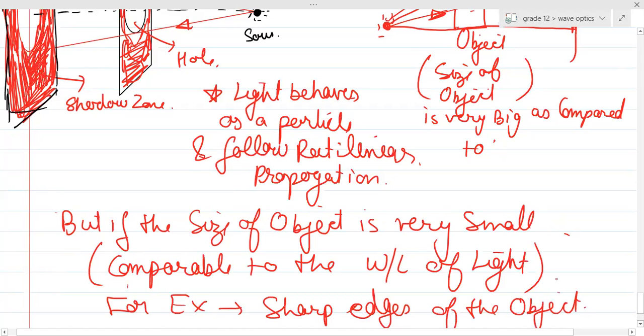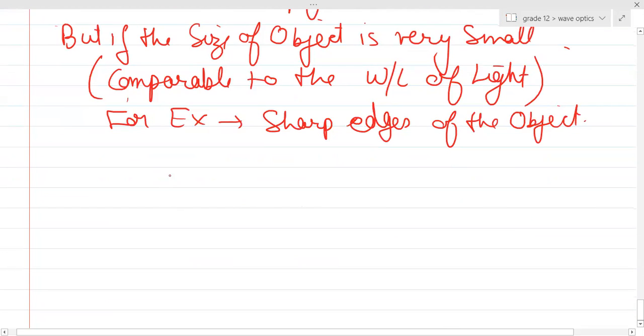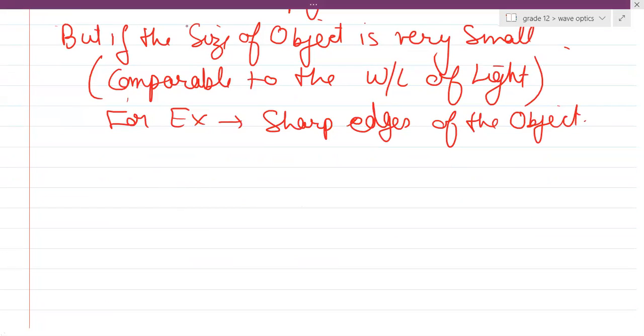Light will no longer follow its rectilinear propagation property, and it will start bending.